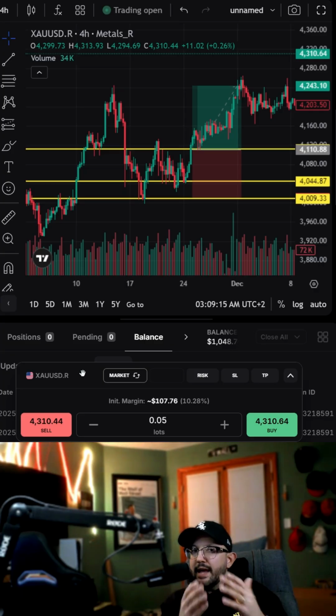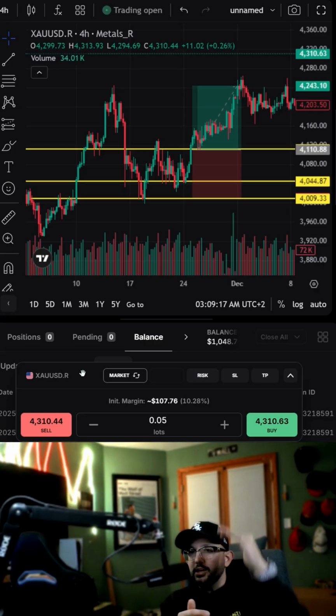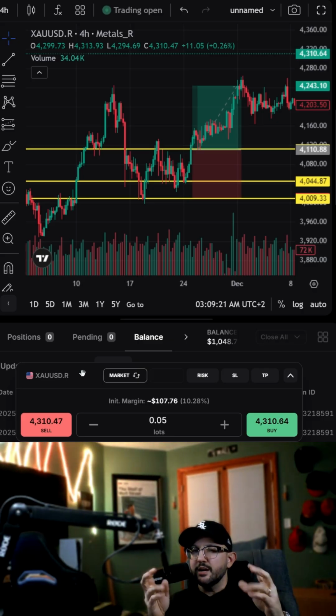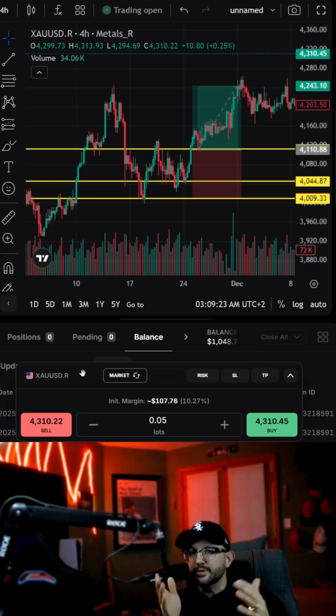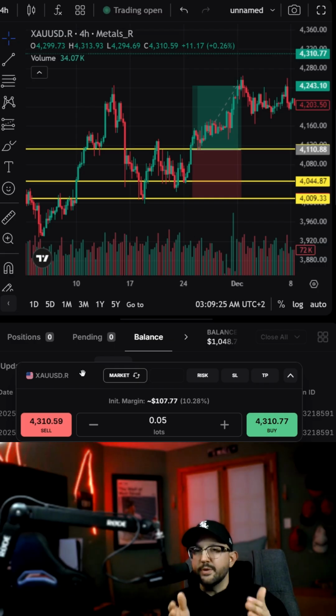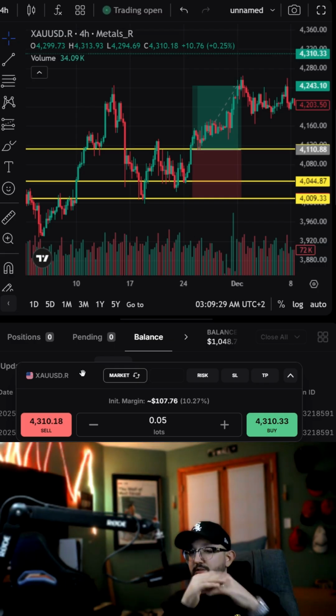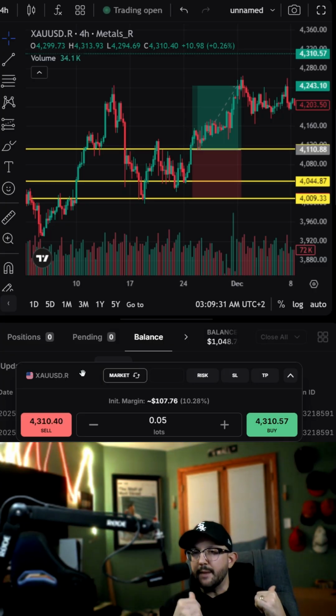Which proves to me that you are lying, you are fake. You pulled your stop loss down even more to quote unquote protect yourself, but you already put a stop loss there to protect yourself, insinuating that if it hits my stop loss here, my trade is failing and it's going to move to the opposite side.